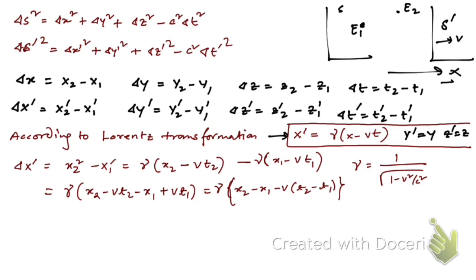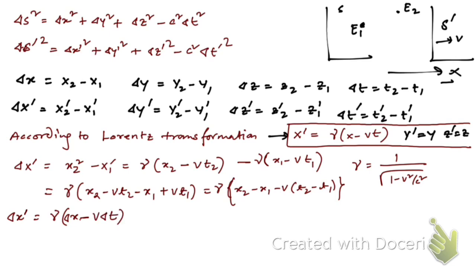So now you see, this is nothing but your del x and this is nothing but del t, right? Hope you have understood this. So we can write that del x dash is equal to gamma into del x minus v into del t. That's what we can write.